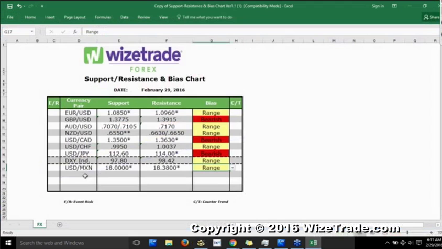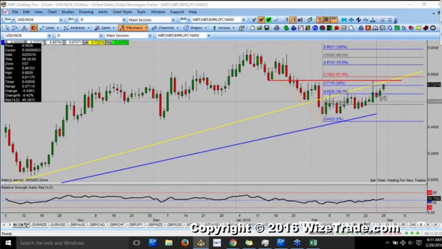I'm going to write down 8.78 as being resistance. If it spikes up to 8.78, I might get short. I think that's going to be significant resistance. We're in a range. I might get short up there if I can.